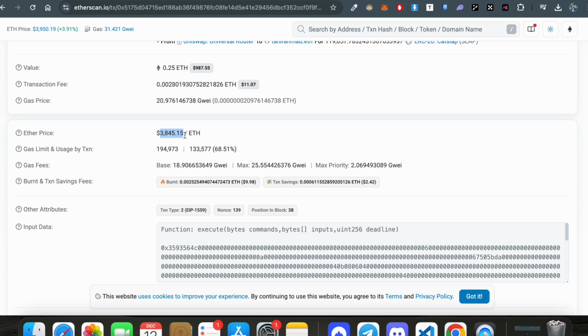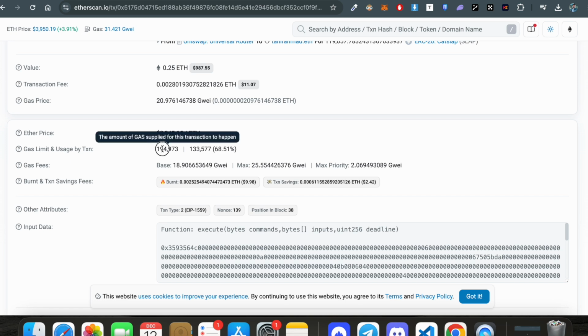So let me clear a few concepts of gas, because this will help you to understand the gas fees and this gas price. So basically any transaction contains a lot of actions, a lot of computation, and that computation is actually calculated by this gas limit. So basically we know it as gas.